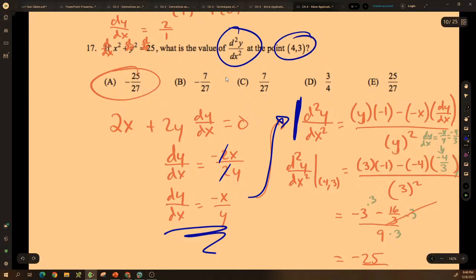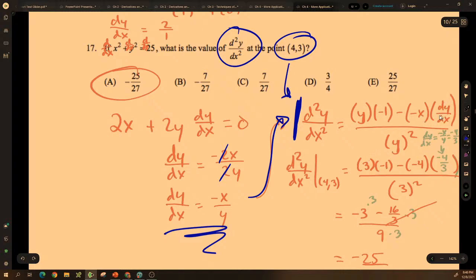I'm going to immediately plug this in because that's what they wanted us to do. I wrote it in this fancy way, d squared y/dx squared at (4, 3). You don't need to write it that way. What you need to do is plug in y as 3 and x as 4. So we get y is 3 times negative 1, minus negative x becomes negative 4.